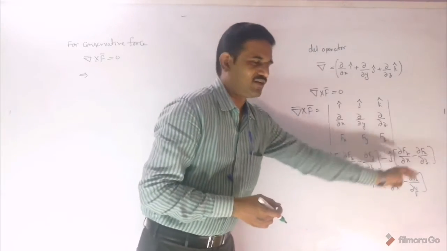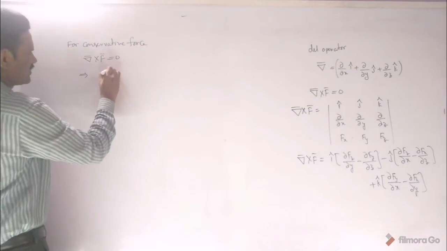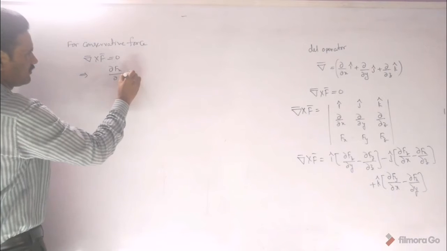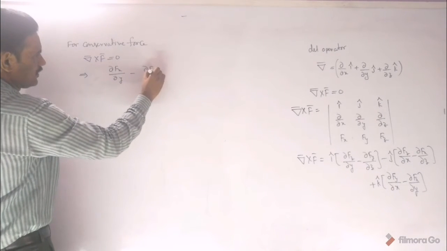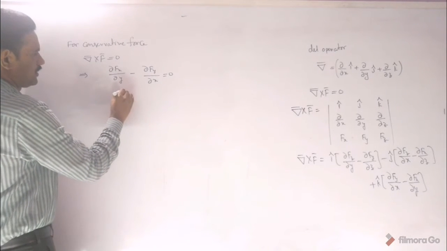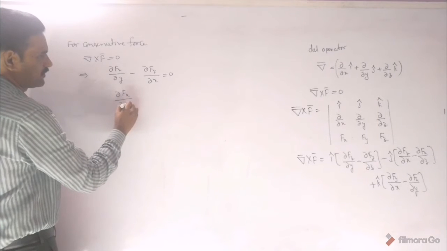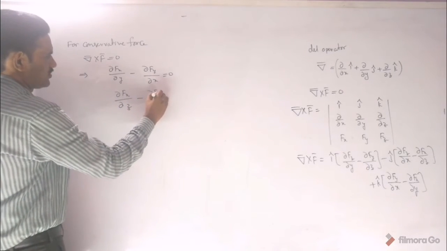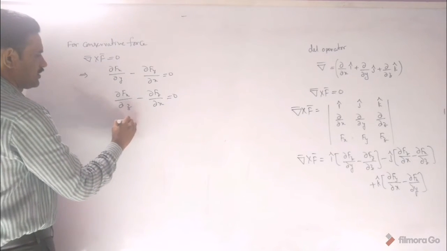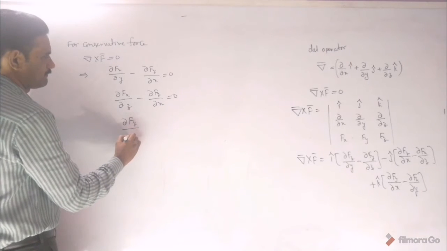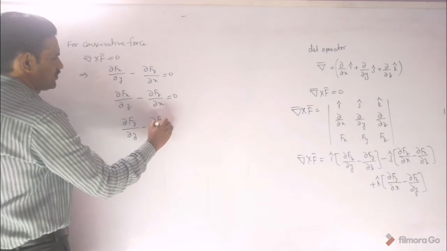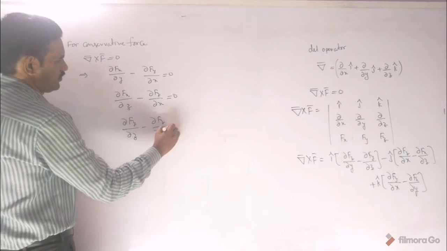Writing in order: dou Fx by dou y minus dou Fy by dou x, next dou Fx by dou z minus dou Fz by dou x should be equal to 0. Next dou Fy by dou z minus dou Fz by dou y is equal to 0.